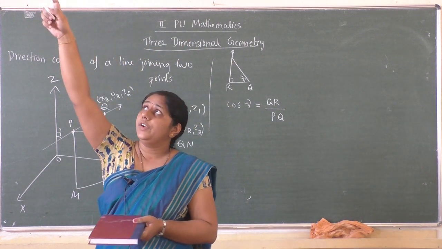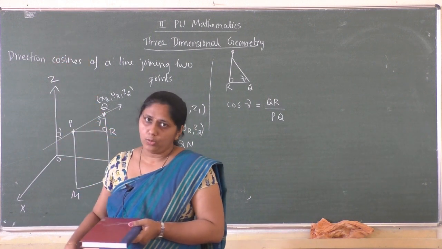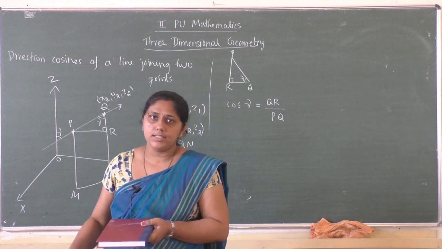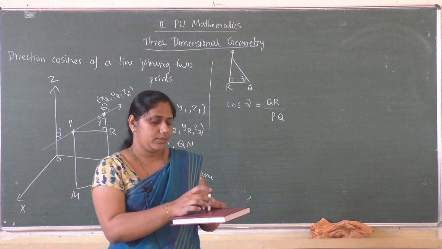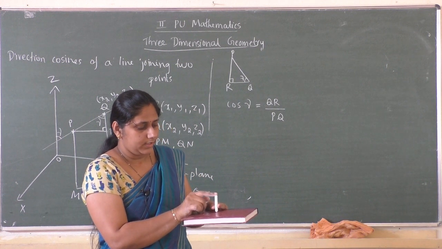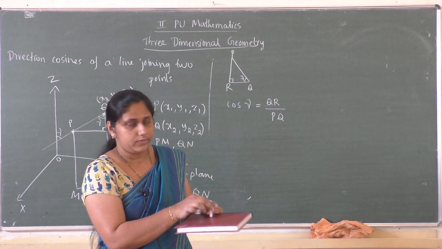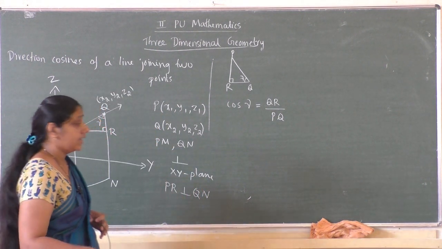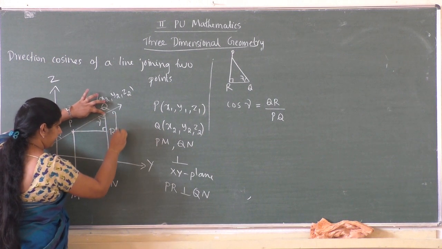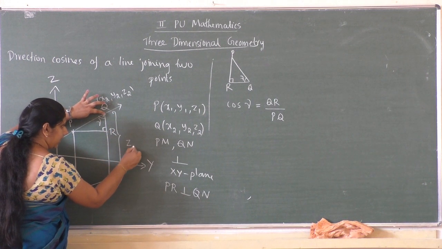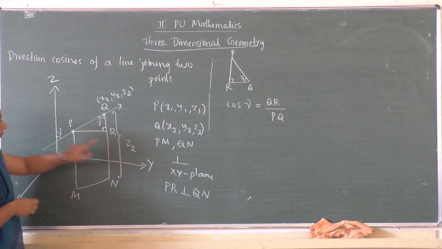If I draw one perpendicular from the fan to this floor, then that height is the z coordinate of that fan, right? So this height is the z coordinate of this point. This you already studied in first year 3D. So the distance QN is the z coordinate of the point Q, that is z2.